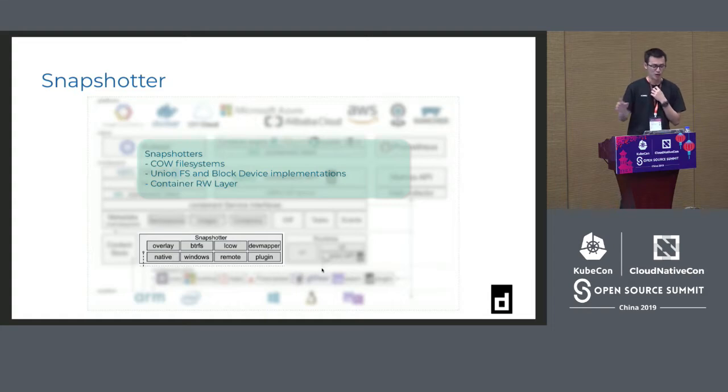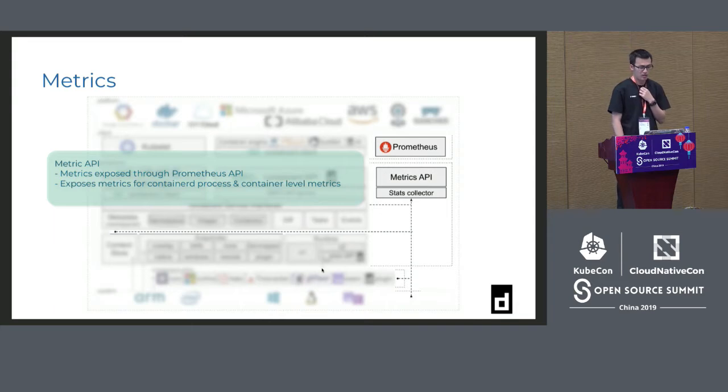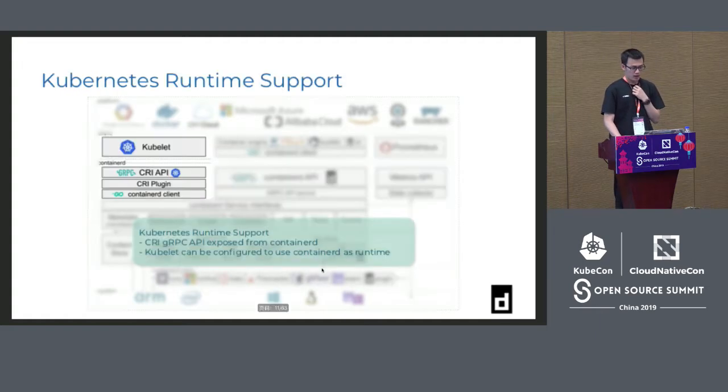It's similar to graph driver, but it's more capable. It can provide some easy-to-operate interfaces. Moreover, containerd also provides a Prometheus API. You can use it to monitor containerd's own process and the progress of the containers they manage.